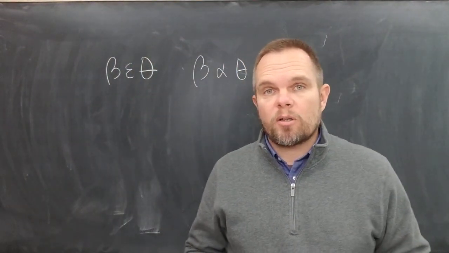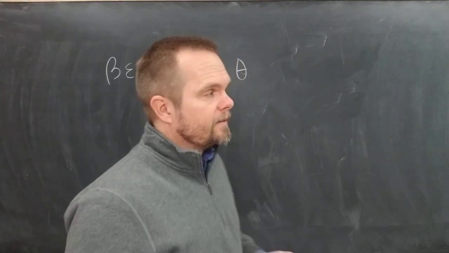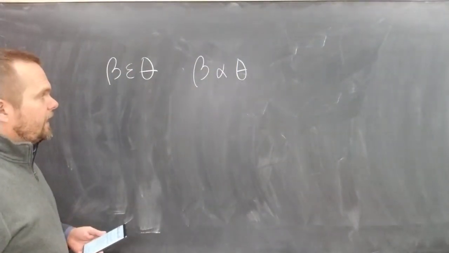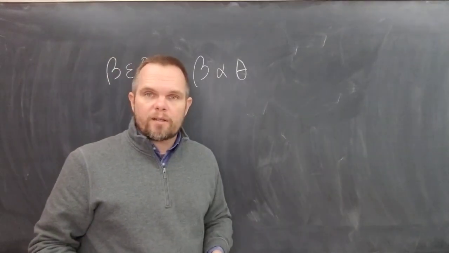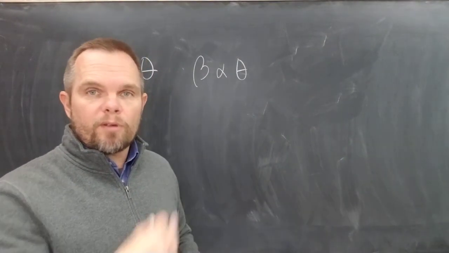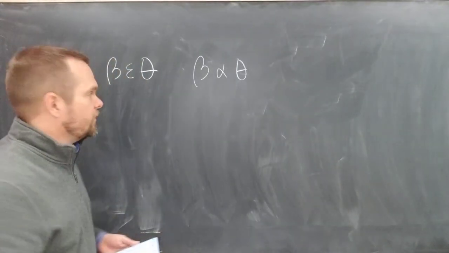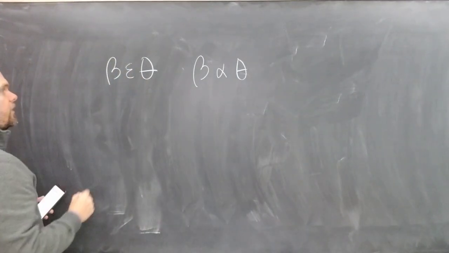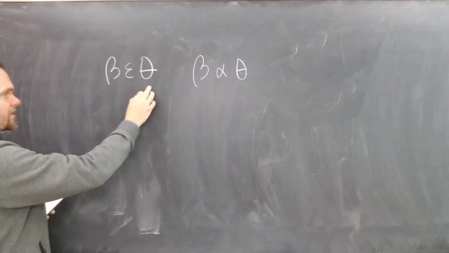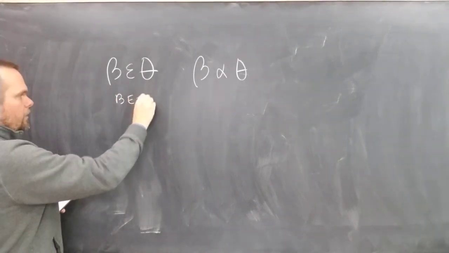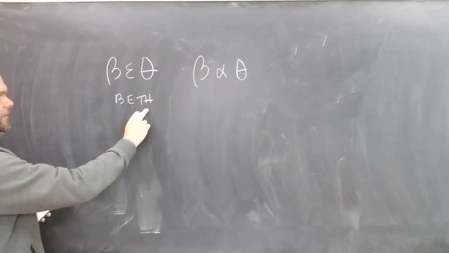Now I should say before we get any further, one practice that may be helpful for you as you study is called transliteration. What you can do is take any syllables or words that are written in Greek letters and convert them into English or Latin letters. So for example, for beta epsilon theta, we could write Beth.